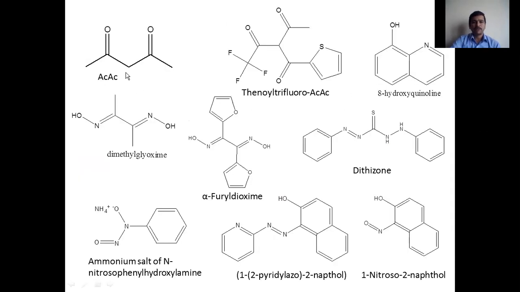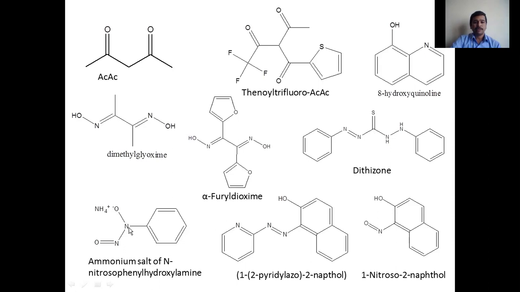These are the structures of acetylacetone. Phenyl trifluoroacetylacetone. Phenyl means thiophene. From the second position of the thiophene, there is a keto group for the attachment. 8-hydroxyquinoline, dimethyl glyoxime, alpha furyl dioxime, again at the second position of furan, attachment will be taking place. Dithizone, diphenyl thiocarbazone, ammonium salt of N-nitrosophenyl hydroxylamine.